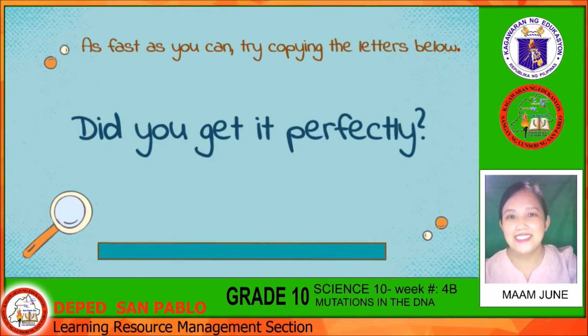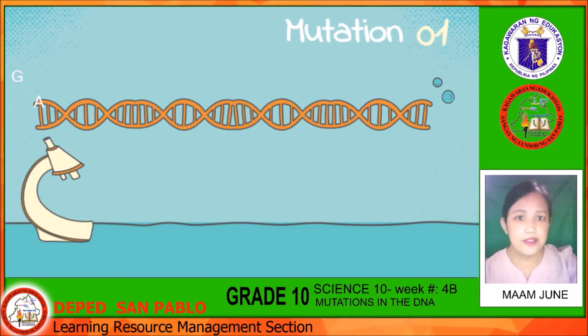Well done! Some of you have copied the letters perfectly in your notebooks. Some might also have committed errors. It's fine. In fact, even the most complicated and programmed body processes do this.